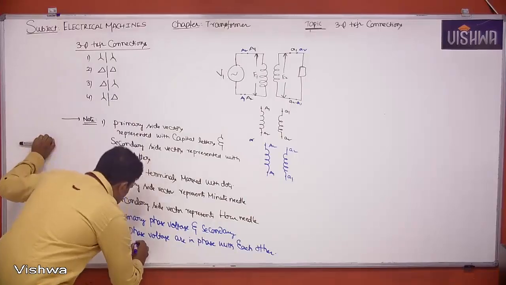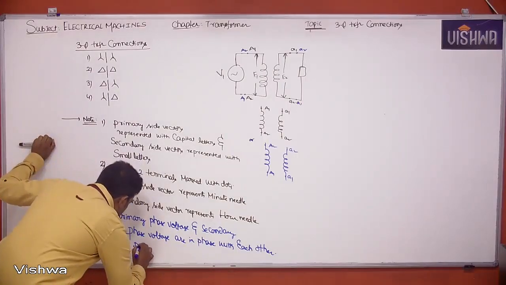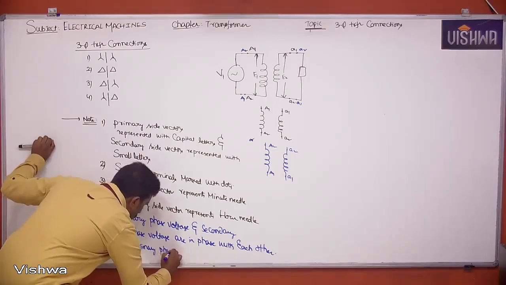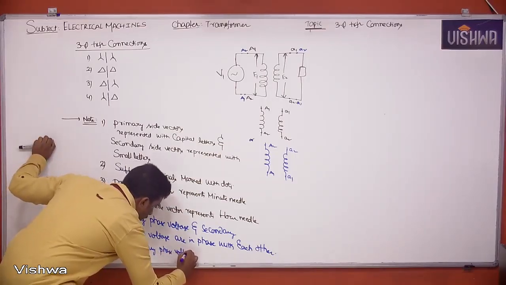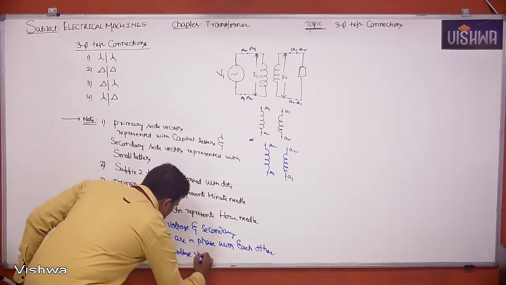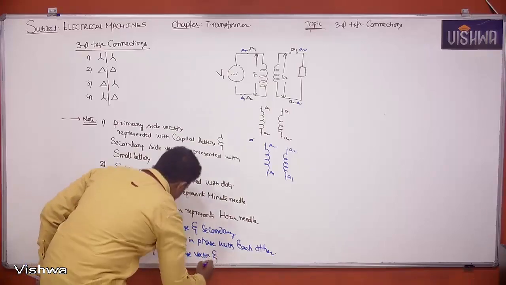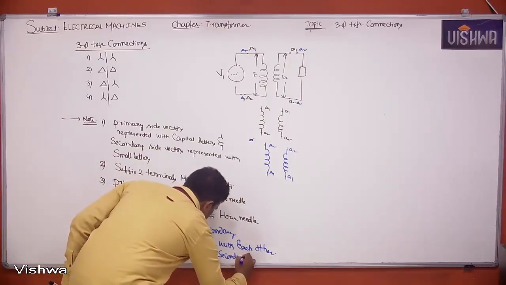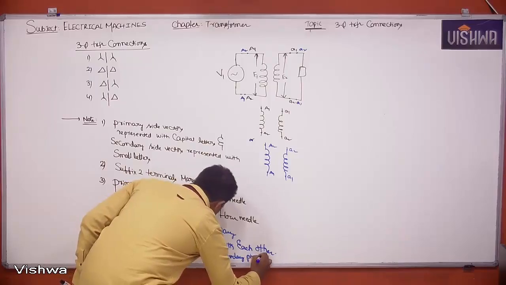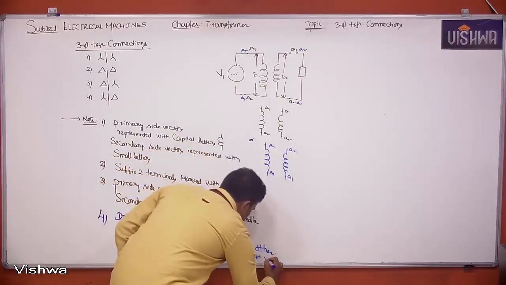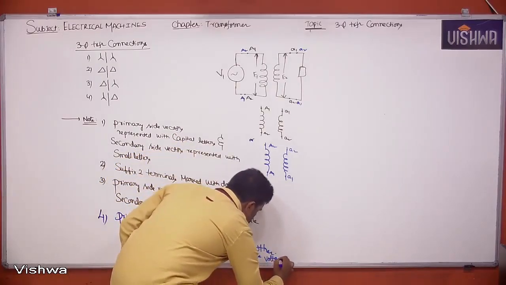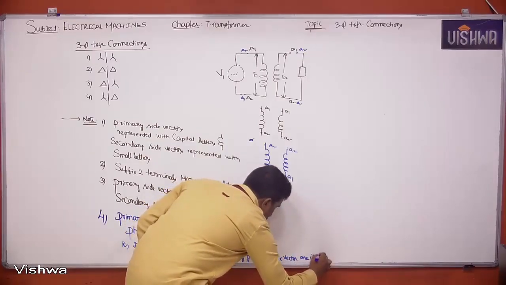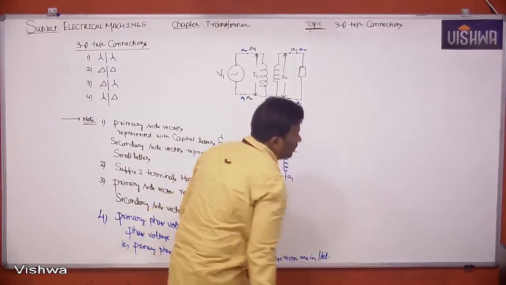That is, the primary phase voltage vector and the secondary phase voltage vector are parallel with each other.